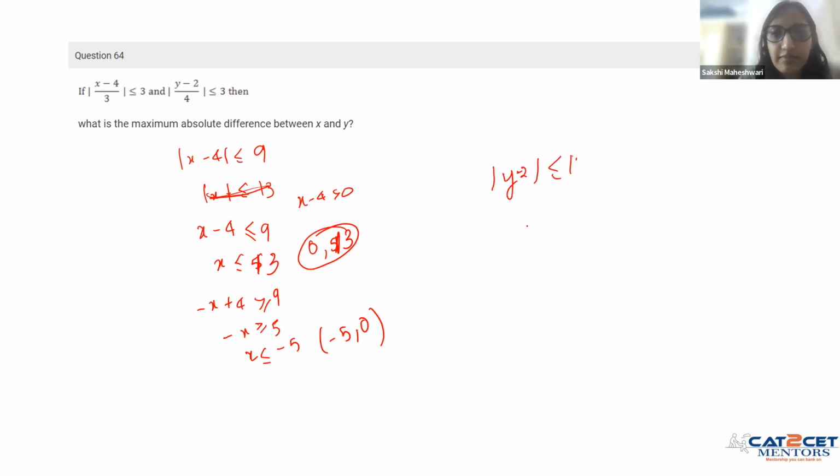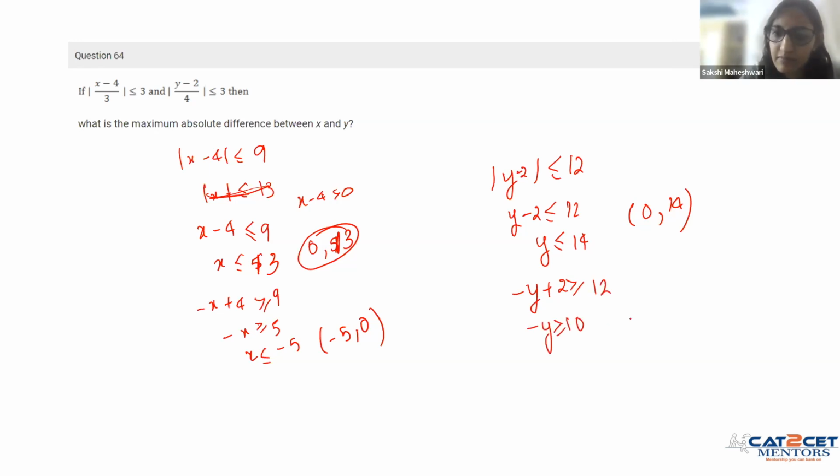Guys, come on, tell me. And the other range for this will be... See, absolute difference between maximum x and y.